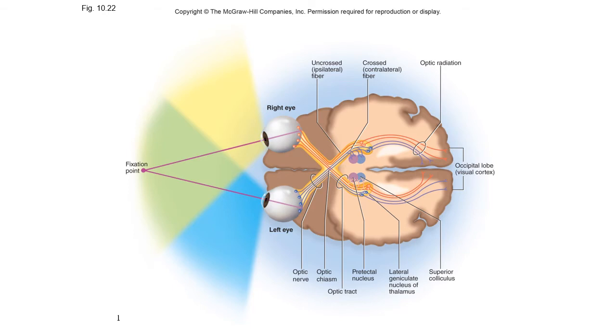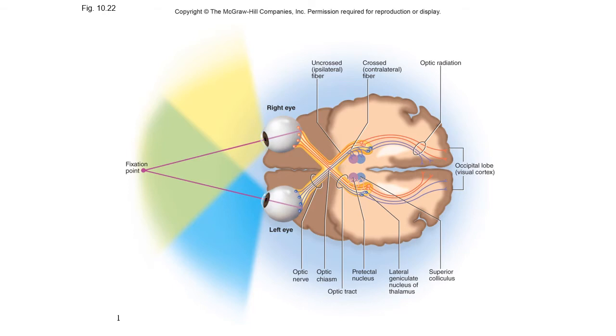So we have your left eye, the optic nerve, the optic chiasm, and the optic tract, and the same on the right side. So what happens is the left eye will see the image, it will cross over, and will actually be viewed or processed in the right hemisphere of the brain. Same with the right eye.